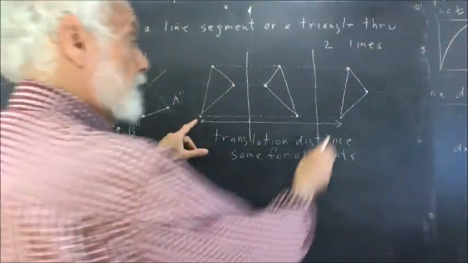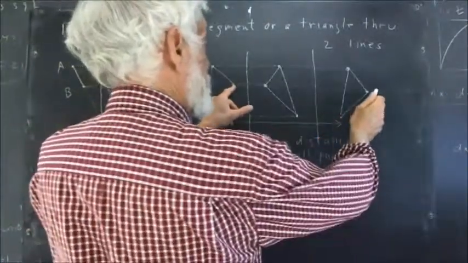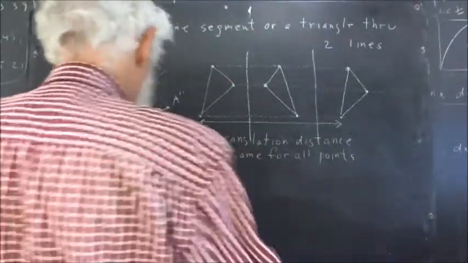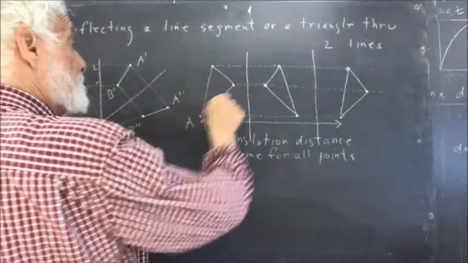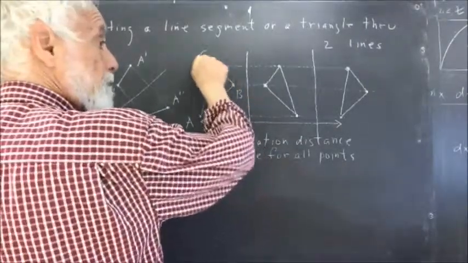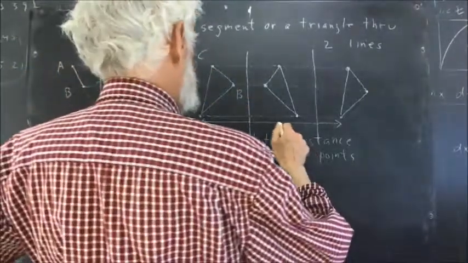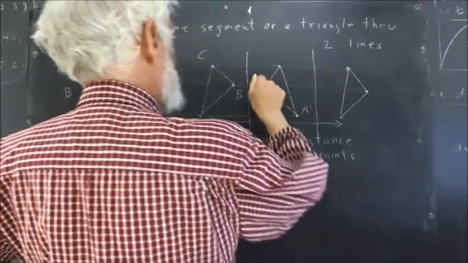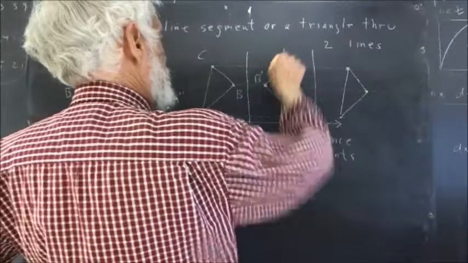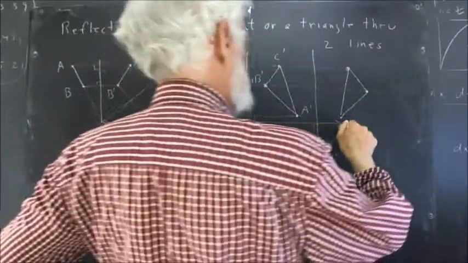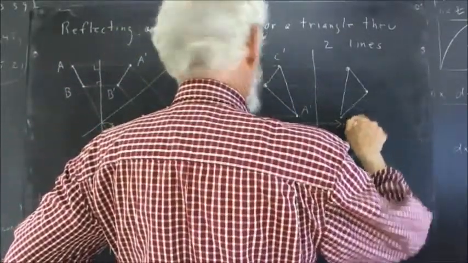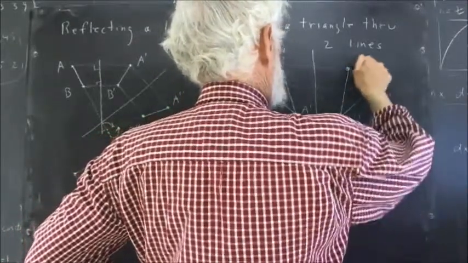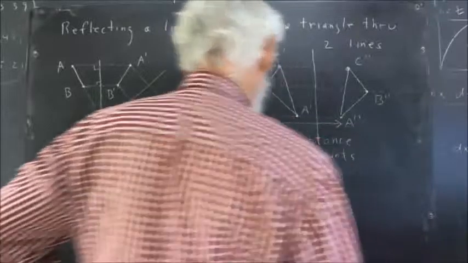So the distance from here to here is the same as the distance from here to here, is the same as the distance from here to here. If I label the points A, B, C, A prime, B prime, C prime, then A double prime, B double prime, C double prime.